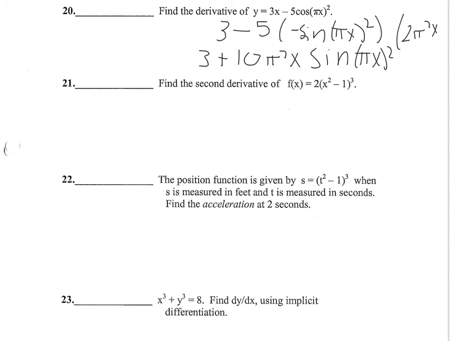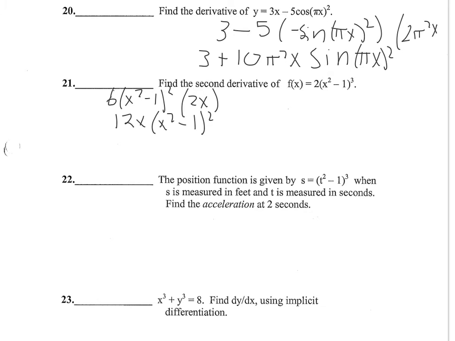Alright, the second derivative parts. I'm going to find the first derivative, which is 6 times (x squared minus 1) to the second times the derivative of the inside, which is 2x, and then move that out in front. So it is just 12x times (x squared minus 1) squared. Now find the derivative of that.